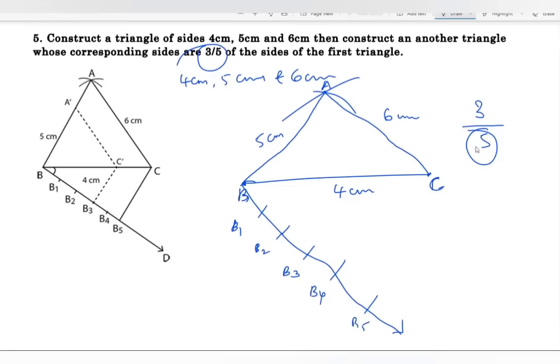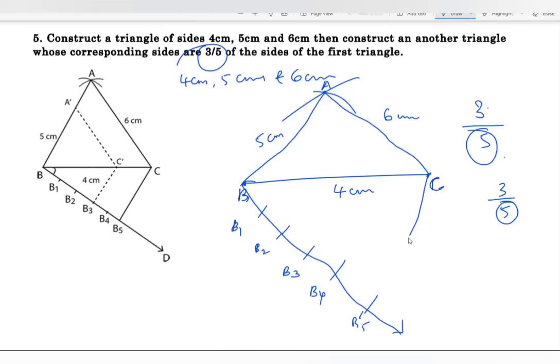Now after this, the next confusing step is which point should be joined to point C. It is 3 or 5. Why? Out of 3 by 5, which is the number in the denominator? It is 5.